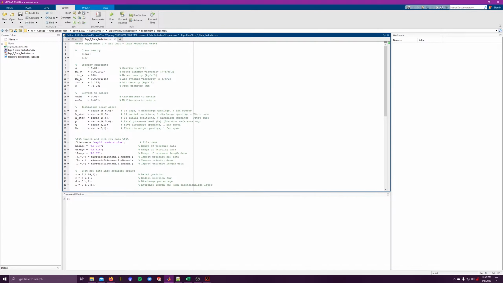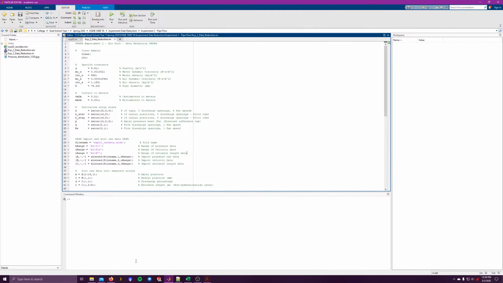And then I'm specifying the sheet that I have all of this on. So the pressure data was on sheet 1, velocity was on sheet 2, and the entrance length data was on sheet 3. Okay, now we're going to sort the data into separate arrays. For the axial position, that was on sheet 1, in the first column, rows 1 to 14.